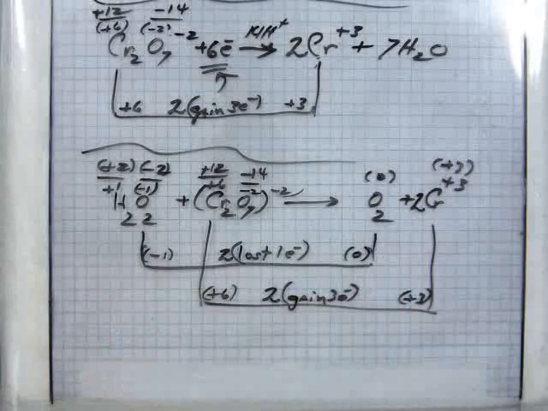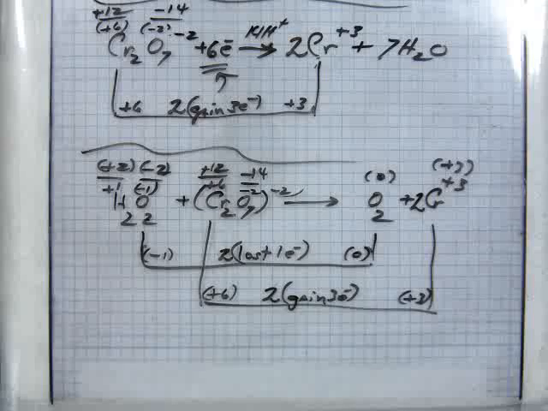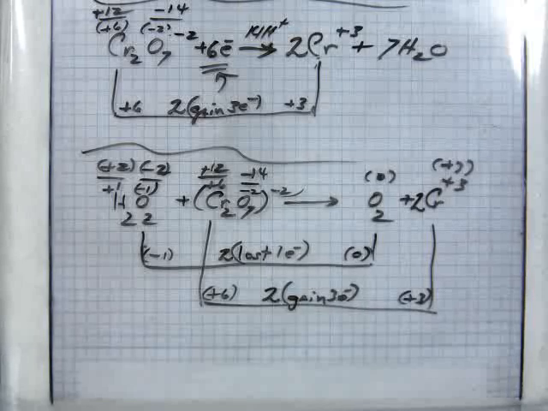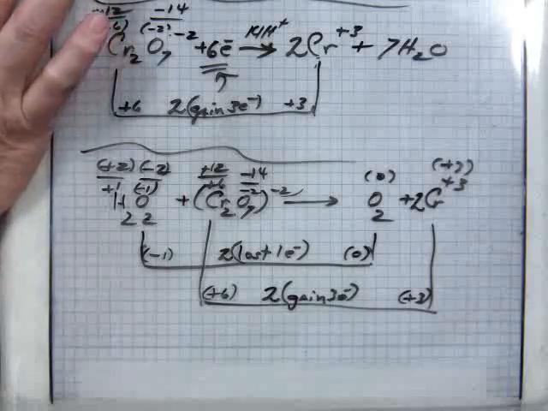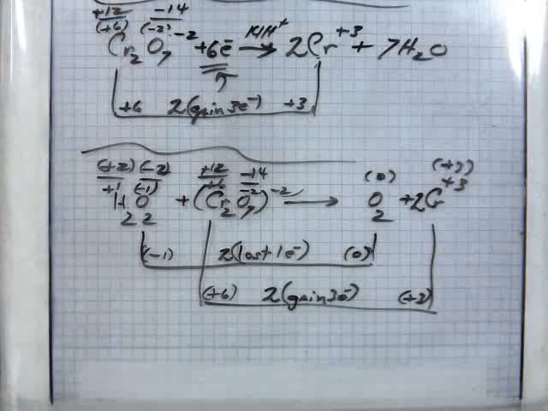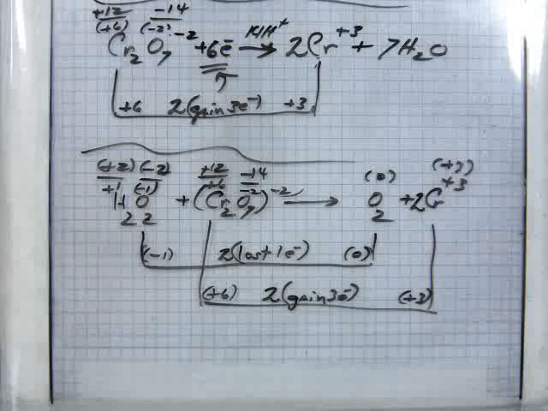Now let's move down the rule list here. Look at the rules. Balance the total charge. Balance elements undergoing charge transfer other than oxygen. We don't have anything in there that's not undergoing oxidation reduction. So we move on to balance the oxygens. The instruction says this is an acidic medium.